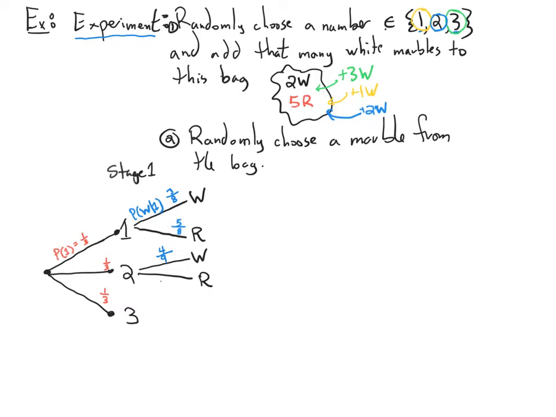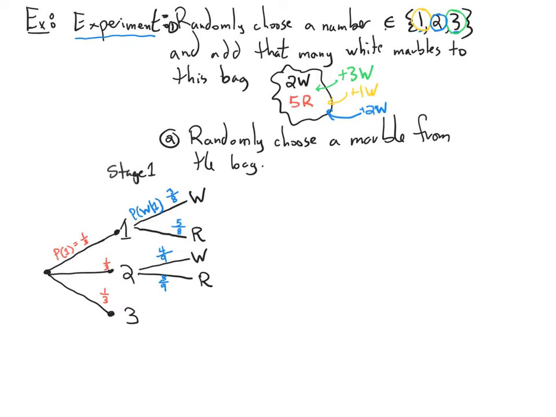And red marbles, well, there's 9 in total for both colors, and 5 of them are red. So that's the probability of drawing a red marble, given that I rolled a 2.